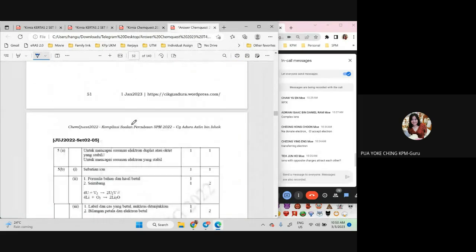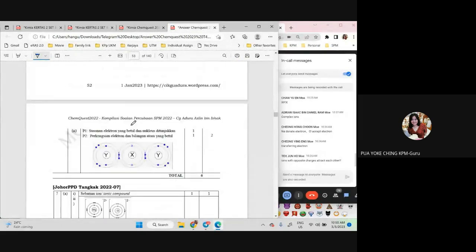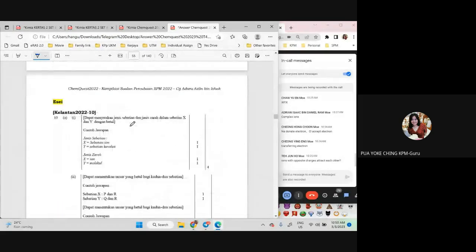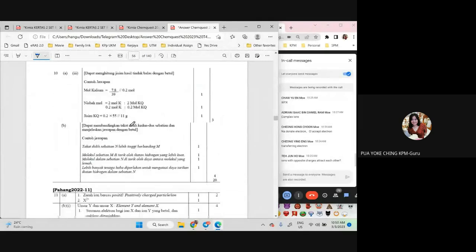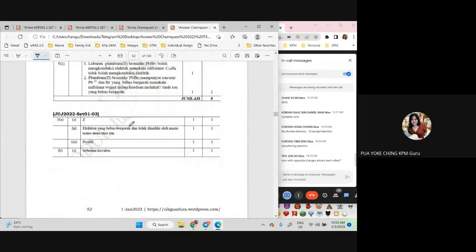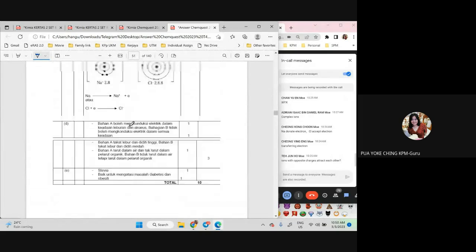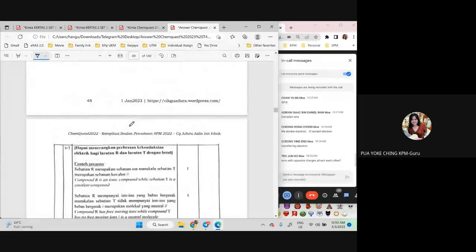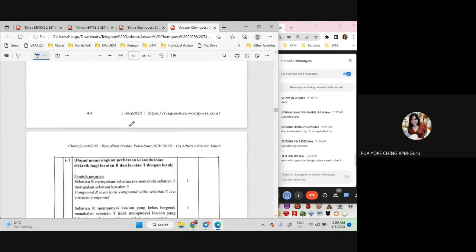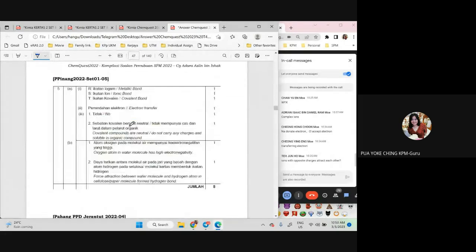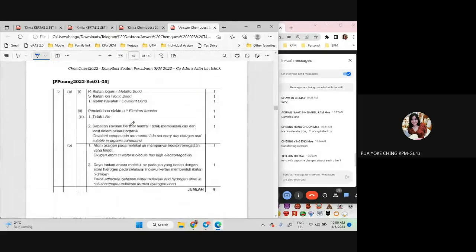Penang. Ada pergi begitu jauh. Oh, you didn't give the answer for this one. Ke I terlepas? Pulau Pinang. Negeri Sembilan. PBD. Okay, this one.